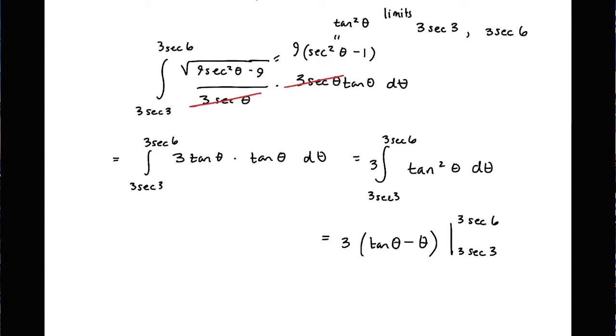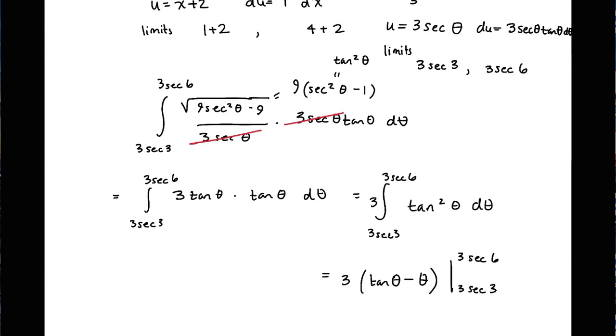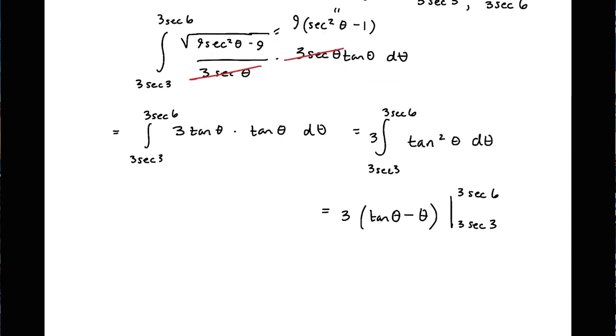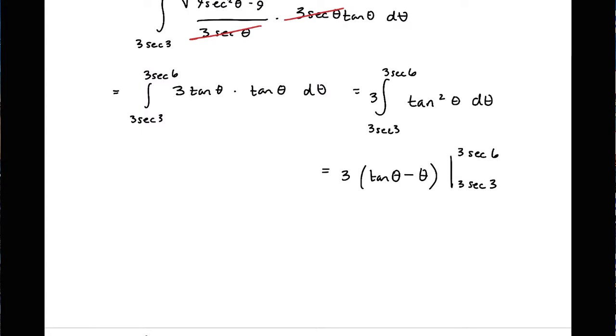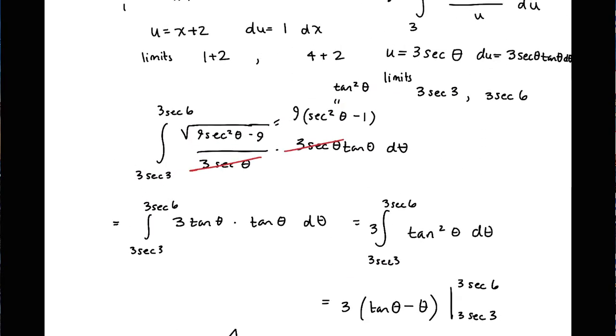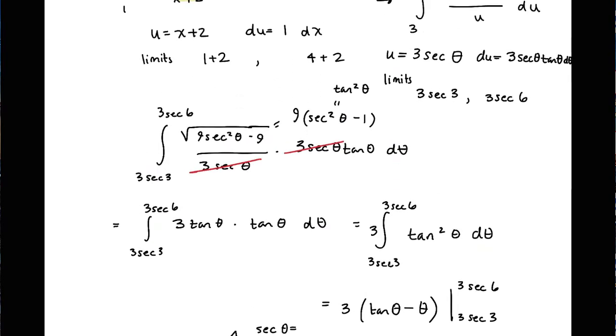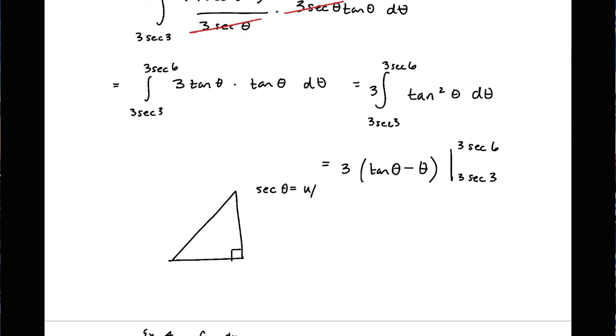I kind of backtrack on this one actually. Let's take a look at our triangle and see if that can give some guidance. Okay, so recall that we went ahead and let u equal 3 secant theta. So secant theta equals u over 3. So the hypotenuse is u, adjacent is 3, and then this would be the square root of u squared minus 9.